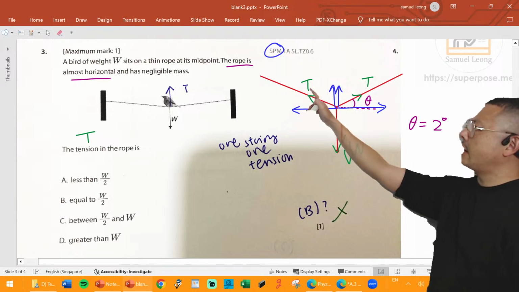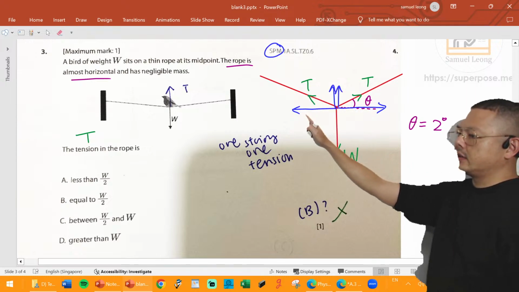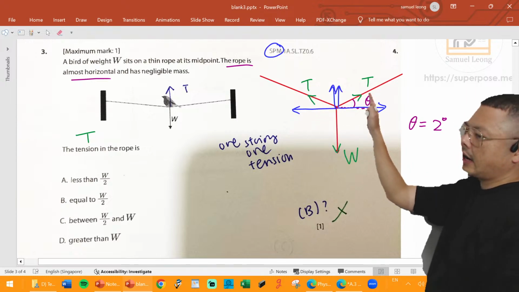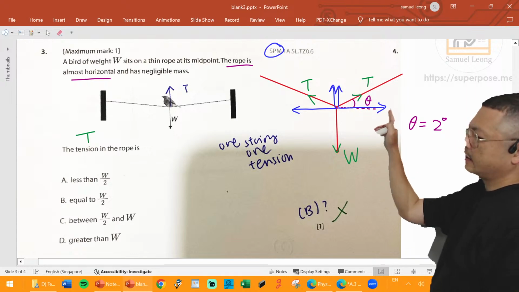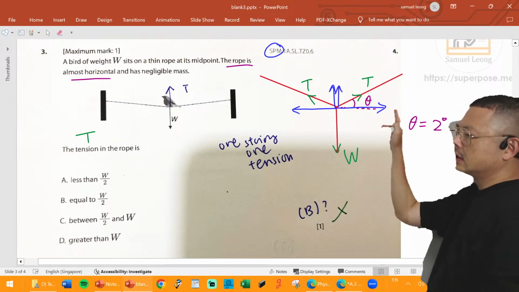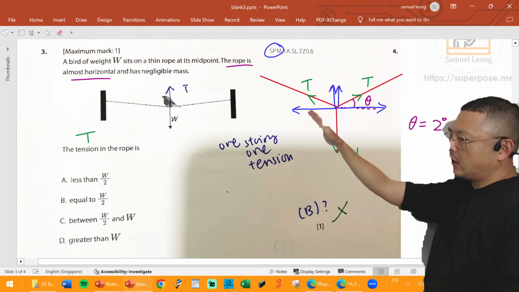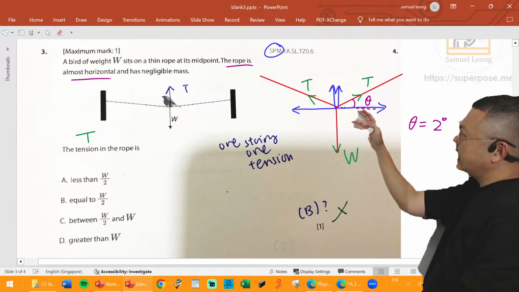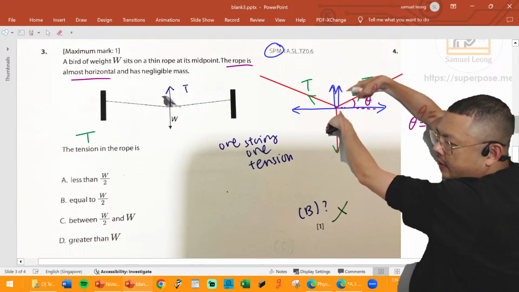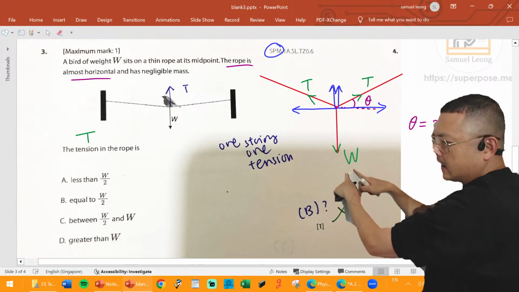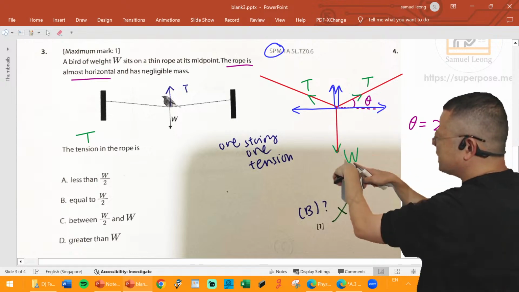This tension, I resolve it two ways, horizontal and vertical. Same for this tension. The horizontals balance each other off, and therefore these two blue arrows pointing vertically must balance the weight.